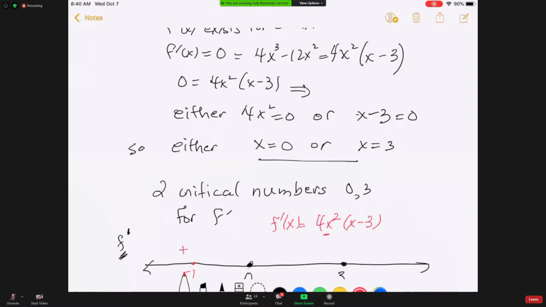And -1 minus 3, that's the second factor, that's going to be -4. That's a negative number. So positive times negative is a negative. And that means that the function is decreasing on this interval. So do that in another color.